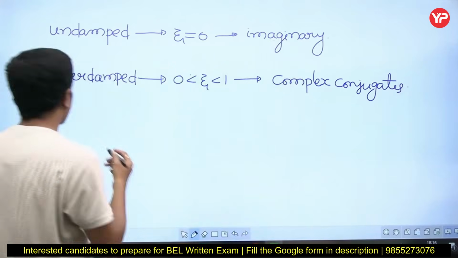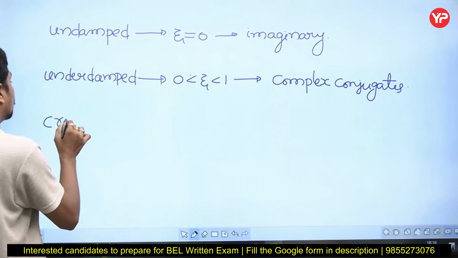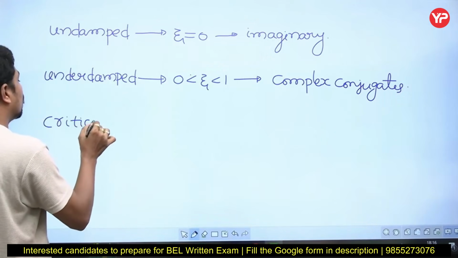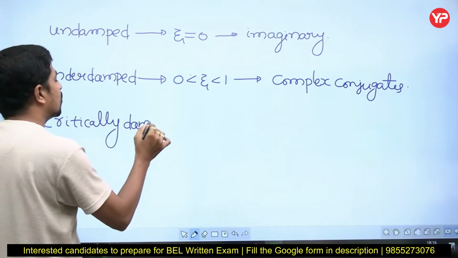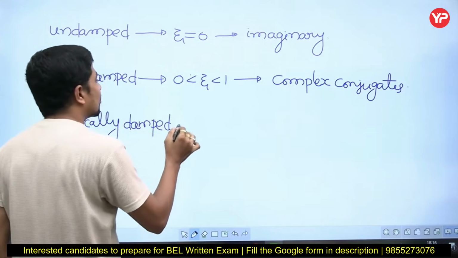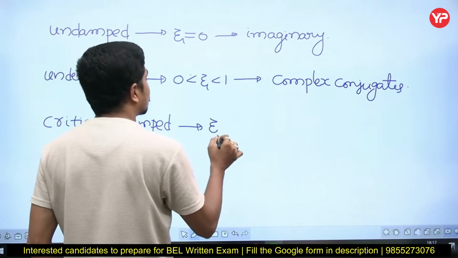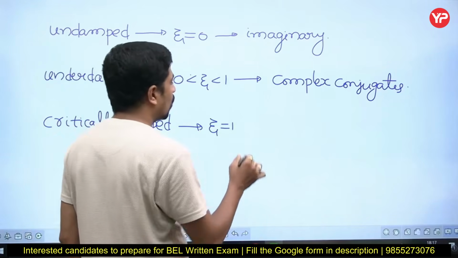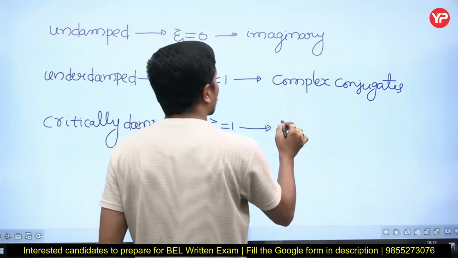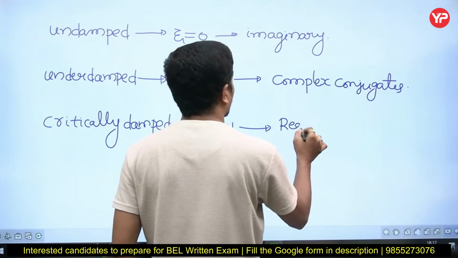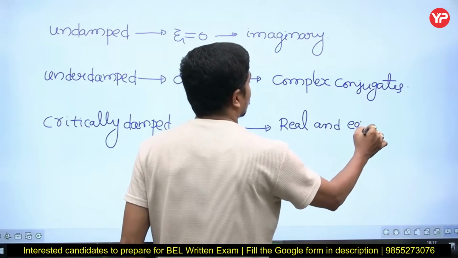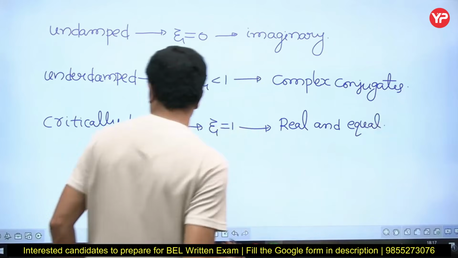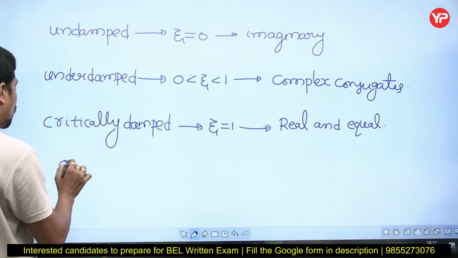Next, critically damped. This means zeta is exactly equal to 1. Its poles are real and equal. Next is overdamped.